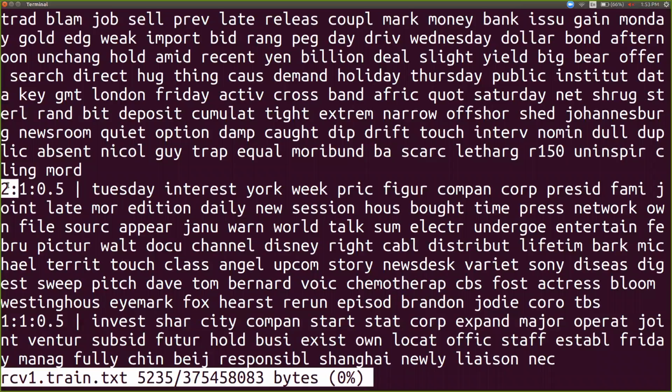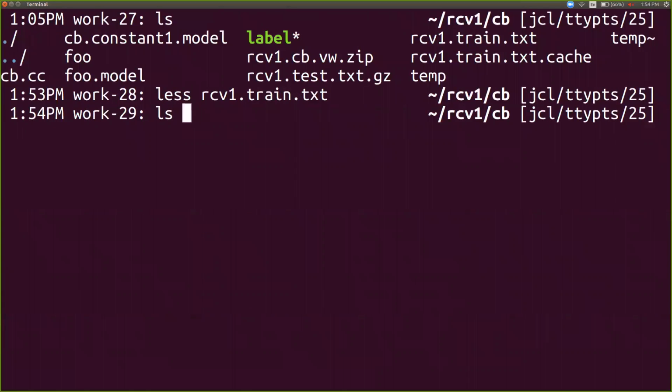And it's a loss rather than a reward, so it says the loss is 1, and it tells you the probability of that action being taken. The way I generated this data set was I ran through the RCB1 data set, and with probability 0.5 I tested action 1, with probability 0.5 I chose action 2, and then I checked what the loss was for that action to generate the loss value. So this is a reasonably large data set.